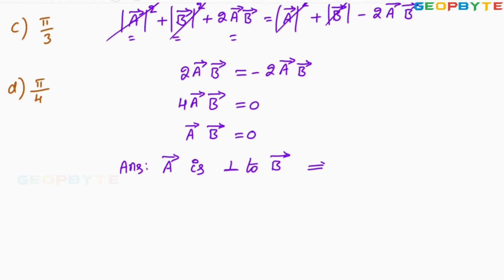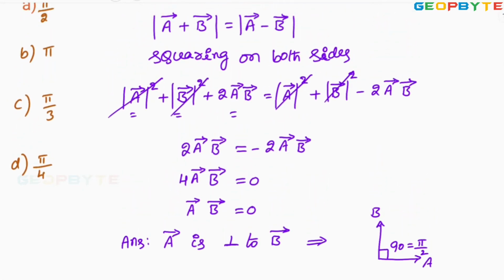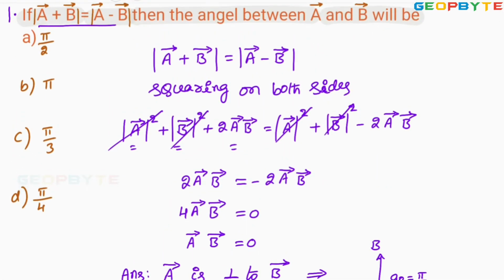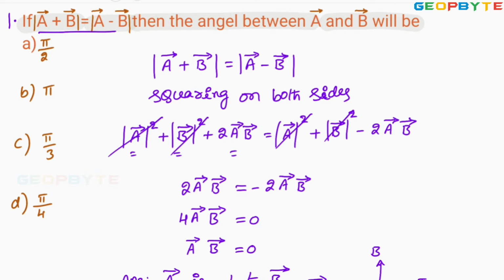Vector A perpendicular to vector B means this may be the vector A, this may be the vector B. The angle between these two is 90, which in terms of pi is pi by 2. Now look at the options. The very first option is pi by 2.